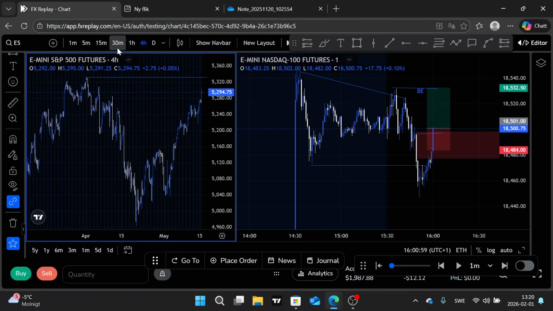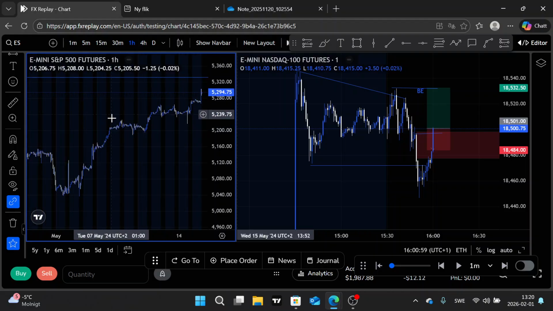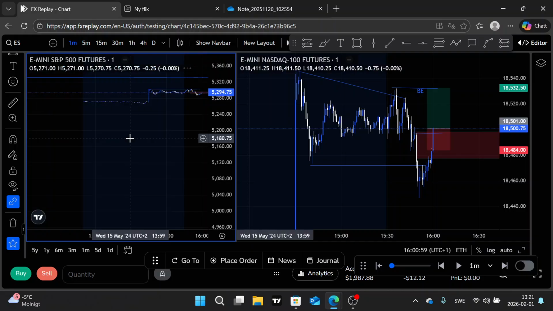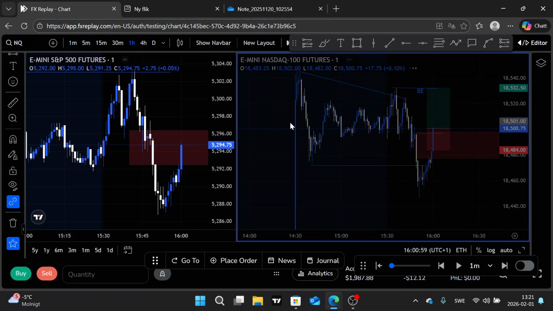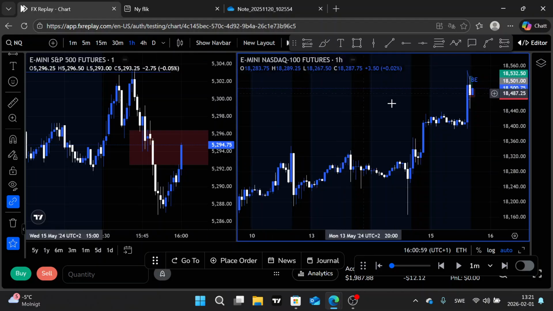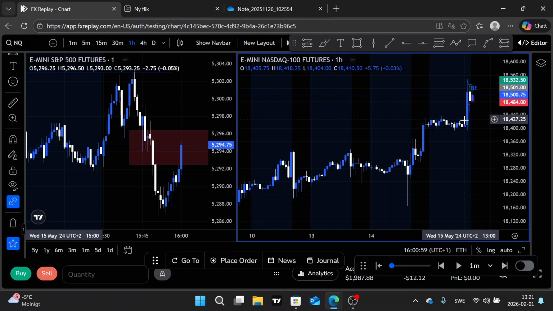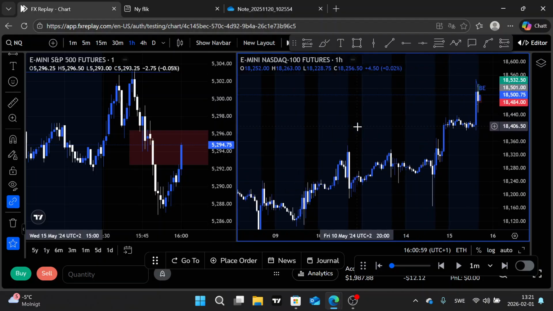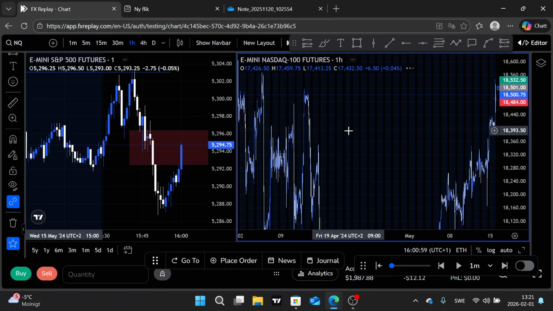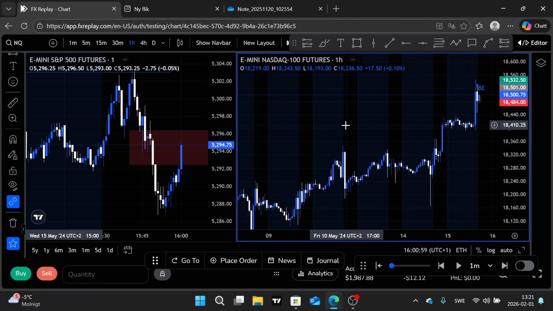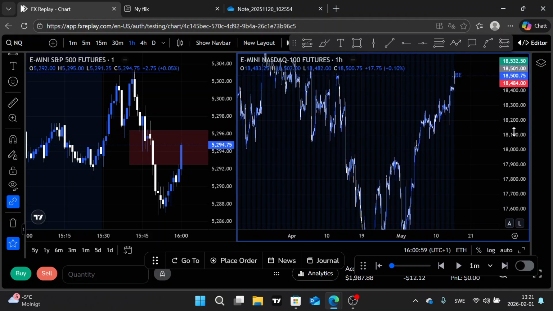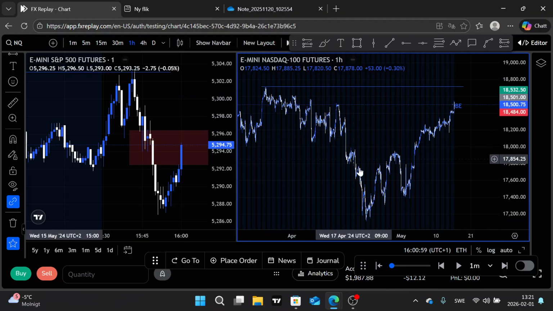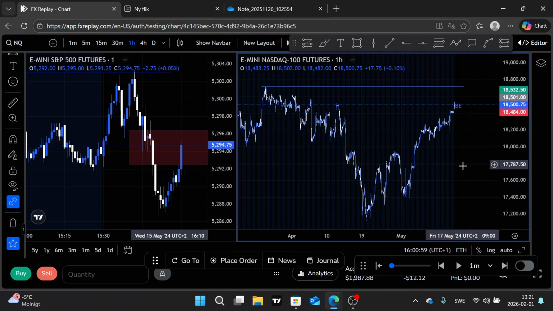And on the, let me go here instead. On the 1 hour time frame we went to equilibrium of this candle, and we are on our way to complete this buy side of the curve.